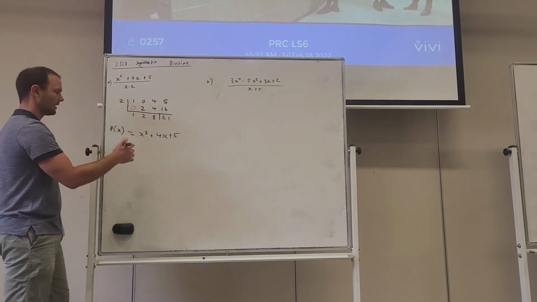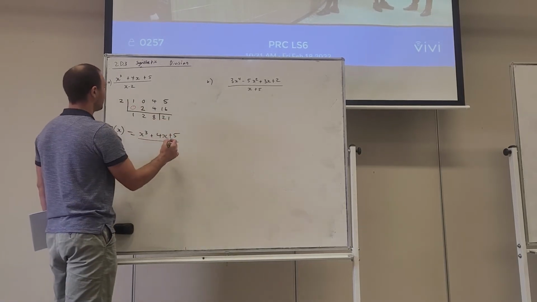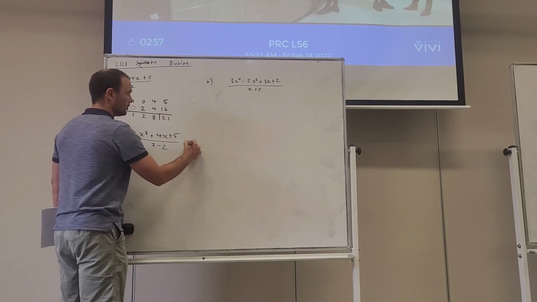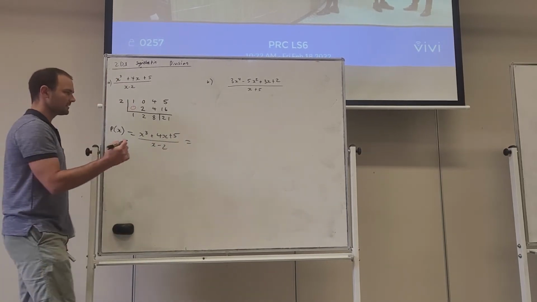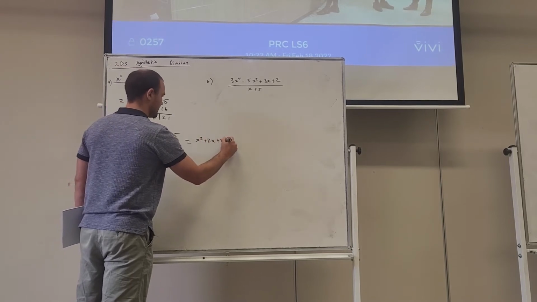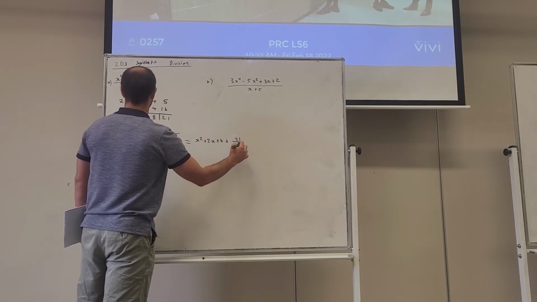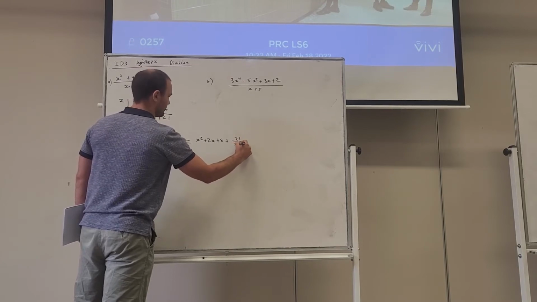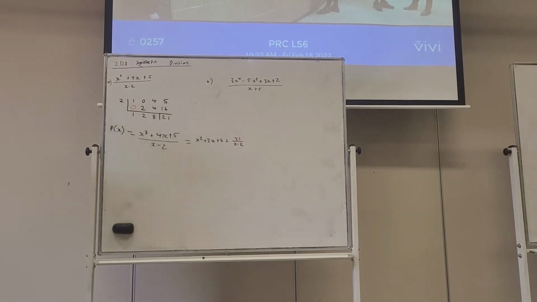So if we have p of x divided by x take 2, we can express it as x squared plus 2x plus 8 plus 21 on x take 2. They are the same function.